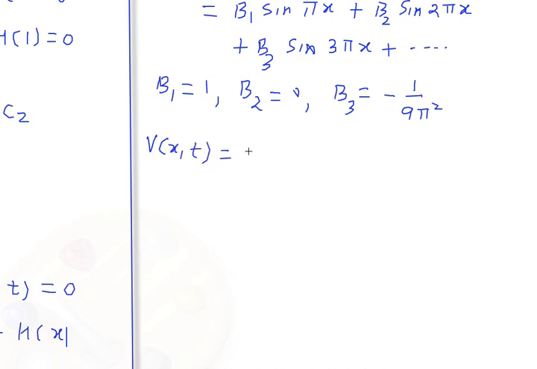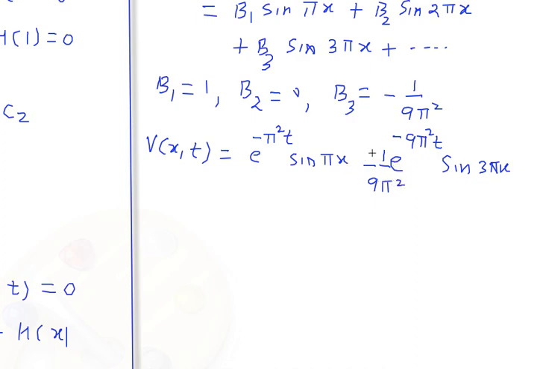For n equal to 1, the exponential power is pi squared t times sine pi x, and for b3, the exponential power is 9 pi squared t, because n squared is there, times sine 3 pi x, and before that it is 1 over 9 pi squared.